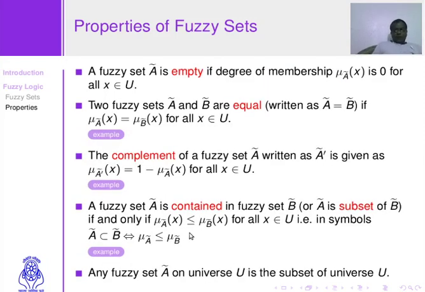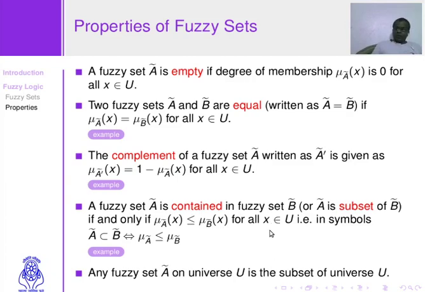So another important property of fuzzy sets is containment. A fuzzy set A is said to be contained in fuzzy set B, or in other words, fuzzy set A is a subset of fuzzy set B, if and only if the degree of membership for fuzzy set A is less than or equal to the degree of membership for fuzzy set B for all the elements.